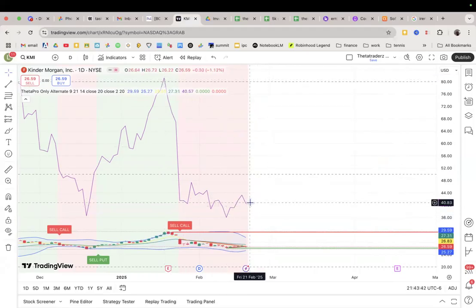Right now, we're at the 40s or so, so that's another sign that it's probably fairly neutral. There's a good chance that it won't really move much in either direction right now. And that's a really good stock to do for covered strangles because you're taking in premium on both sides. And there's a good chance you won't get assigned on your put, for instance.